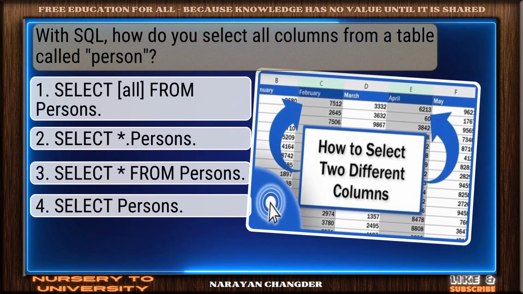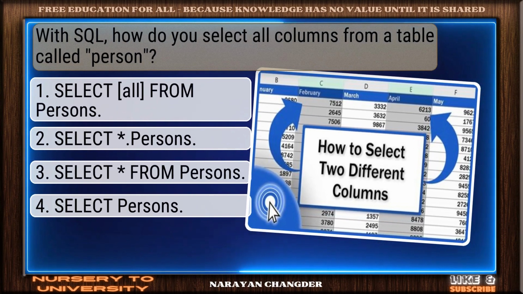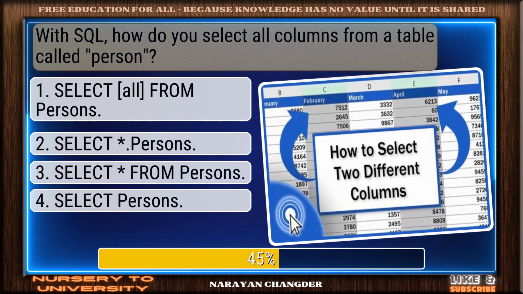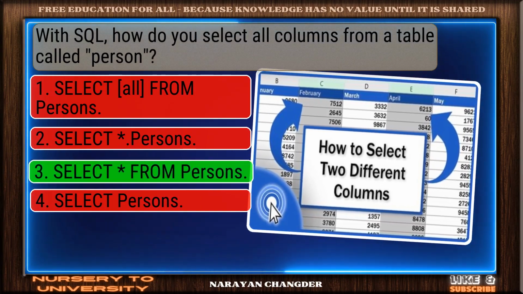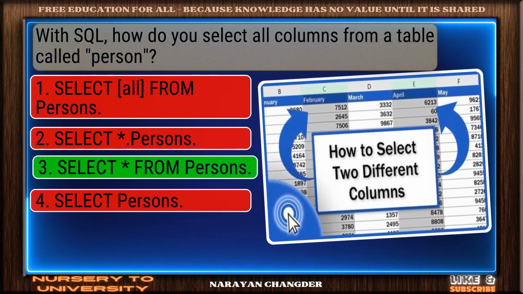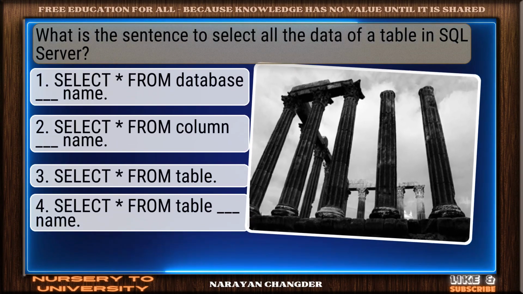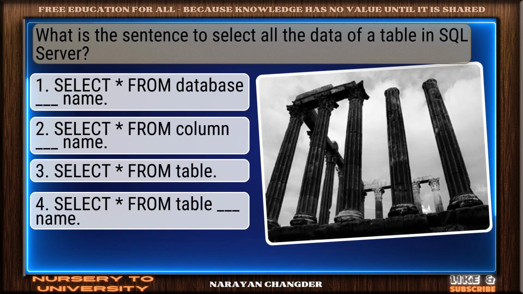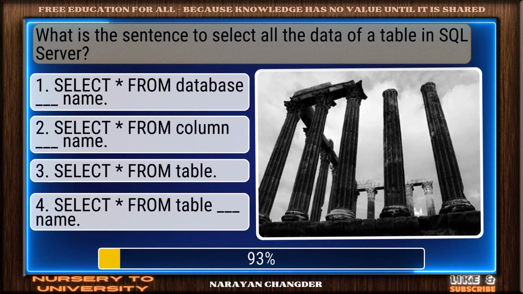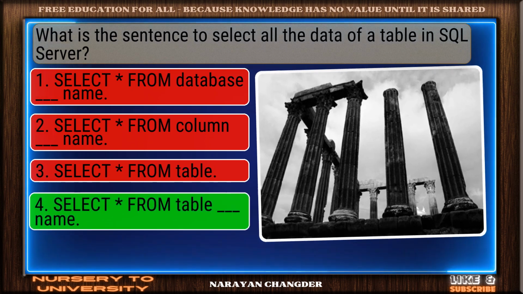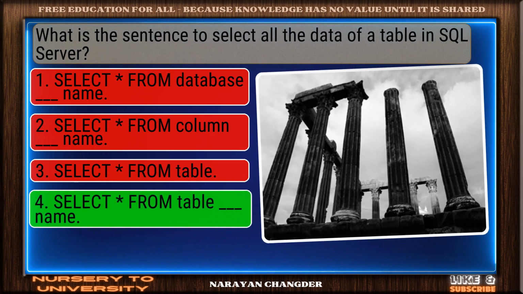With SQL, how do you select all columns from a table called person? Exactly. Select from persons makes sense, and it is the right choice. Question number 25. What is the sentence to select all the data of a table in SQL Server? Solid response. Select from table-name is a valid choice.